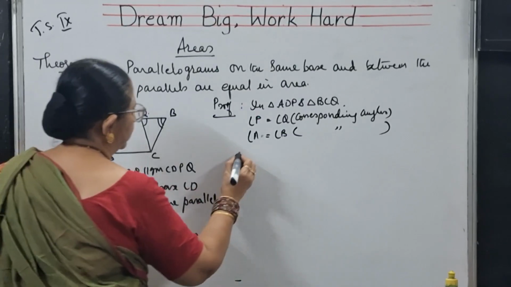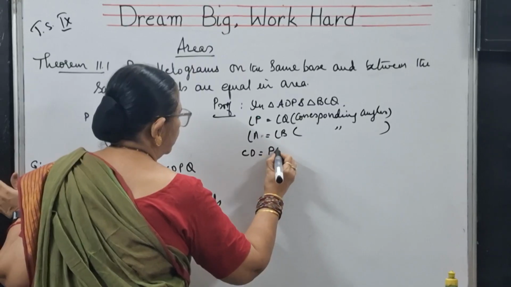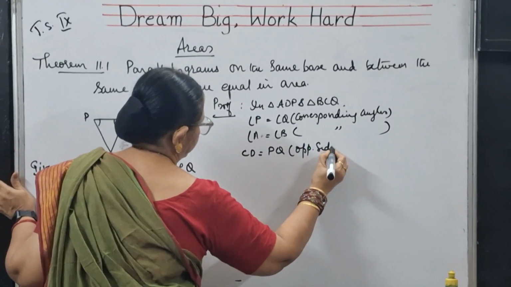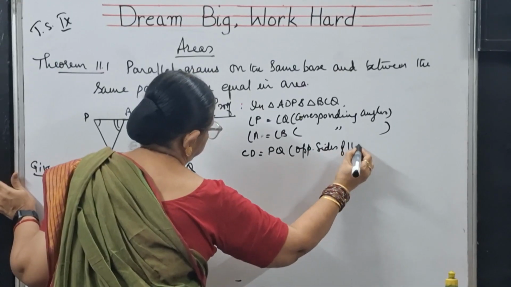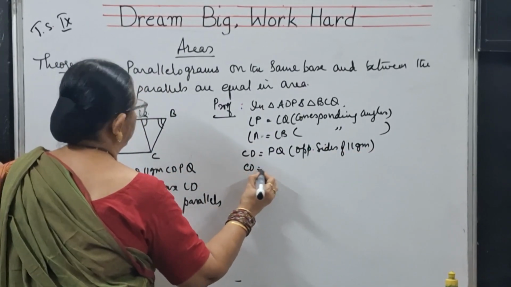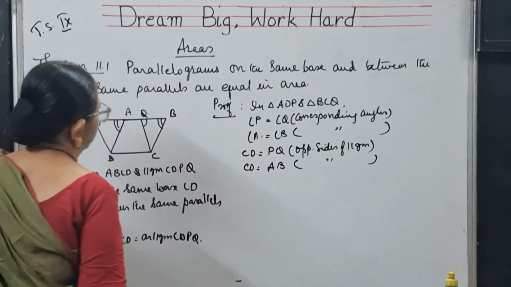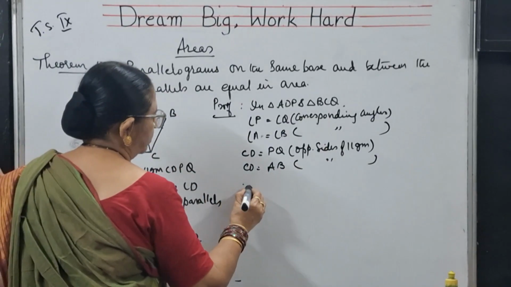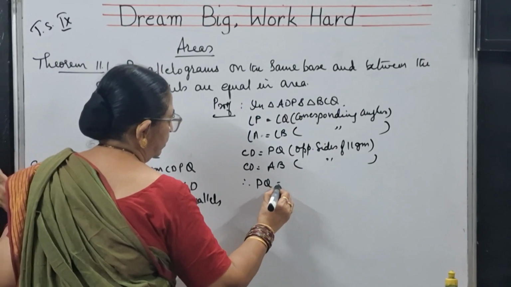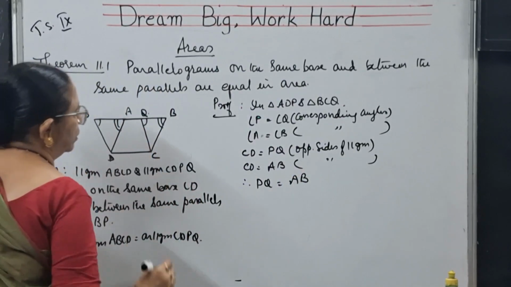Now we know that CD is equal to PQ. They are opposite sides of parallelogram. Also, CD is equal to AB, for the same reason, opposite sides of parallelogram. Therefore, I can say that PQ is equal to AB. So what is PQ?